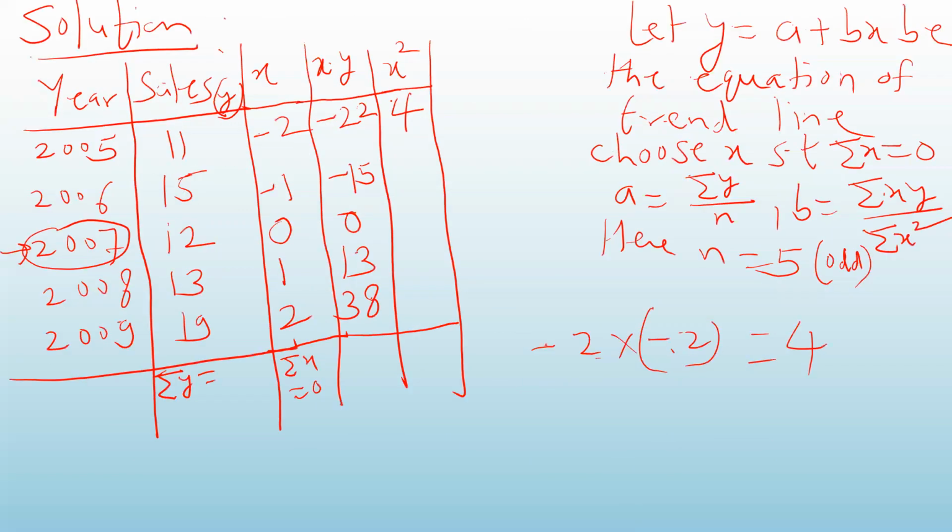So -2 square is 4, -1 square is 1, 0 square is 0, 1 square is 1, and 2 square is 4. So you have completed this table.